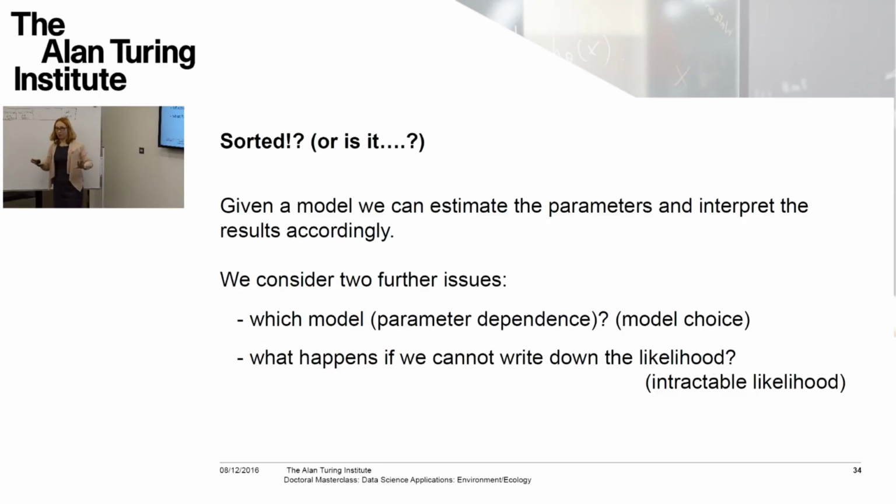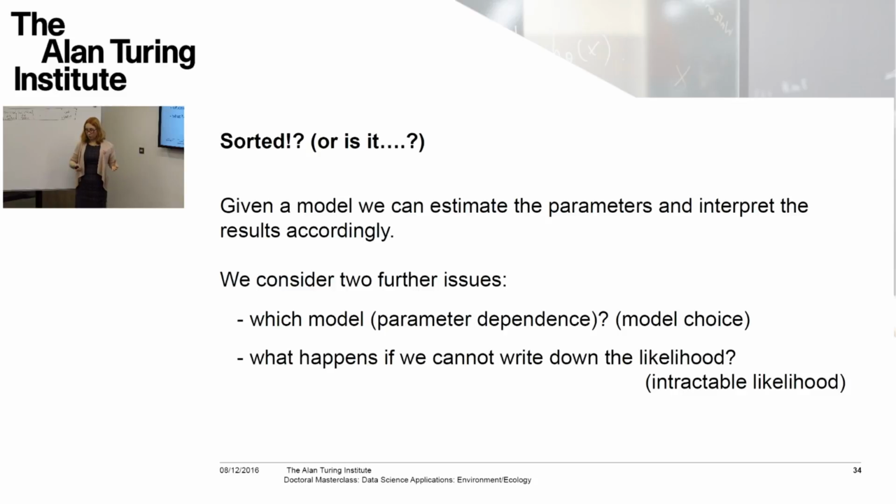Unfortunately, things crop up that go a little bit wrong, in that it's not quite as easy to do this in certain cases. There are other questions we want to answer. I've just picked up on two issues that I'll address briefly. One of them, as we've already mentioned earlier, is model choice. Are survival probabilities time dependent or not?